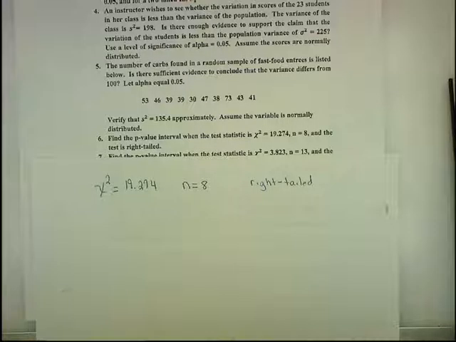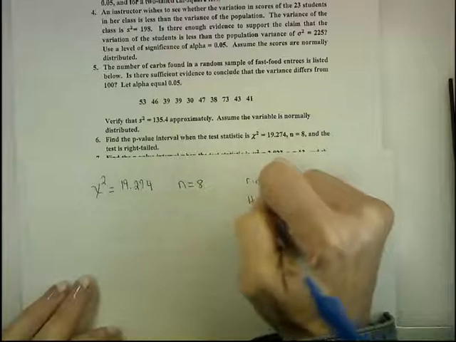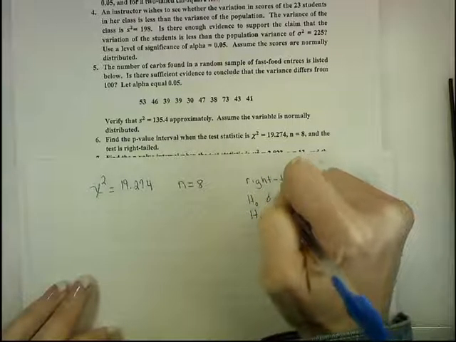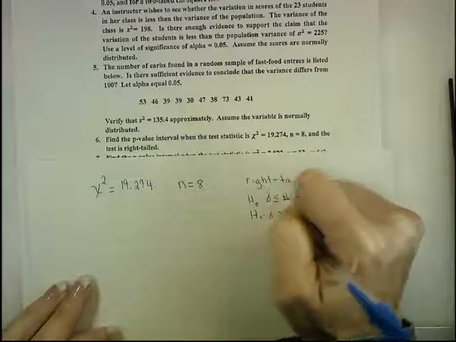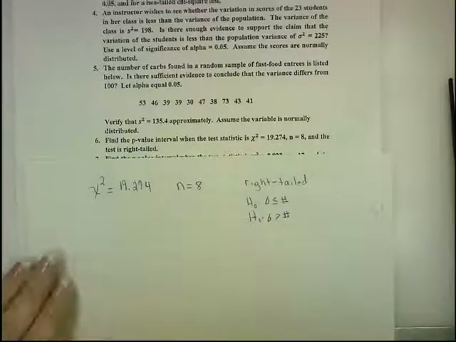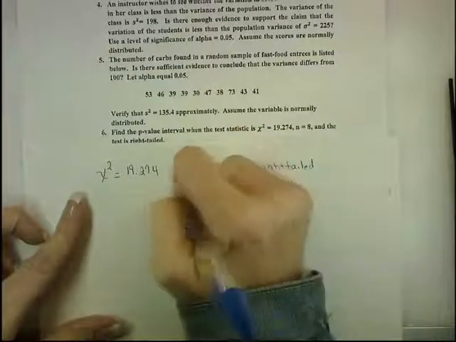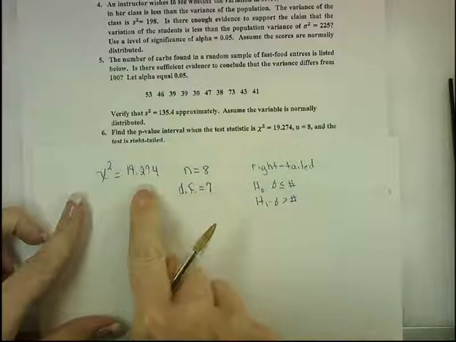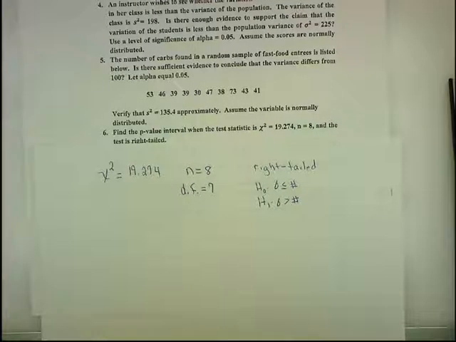I think I'll write down what it would look like for standard deviation. Sigma is less than or equal to a number. Sigma is greater than a number. And this is the test statistic. You will go to row 7, and you will look across that row and find the 2 values that bound the test statistic.